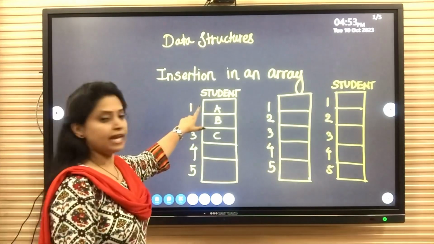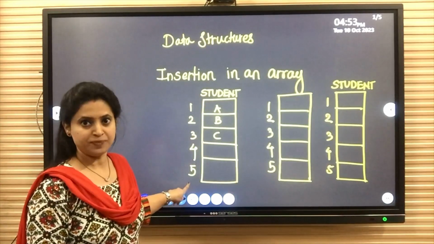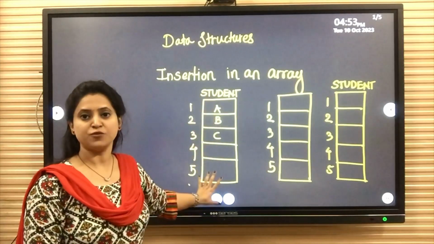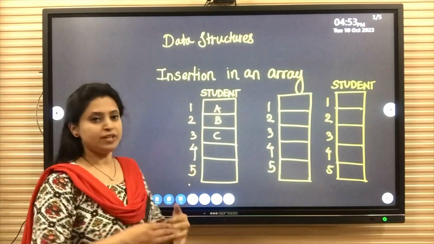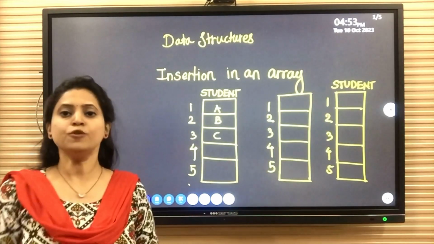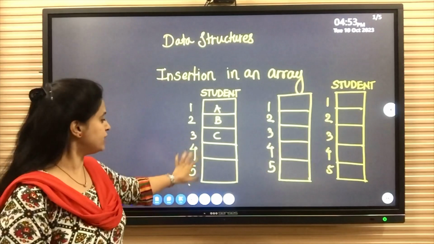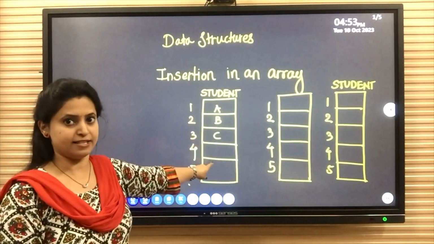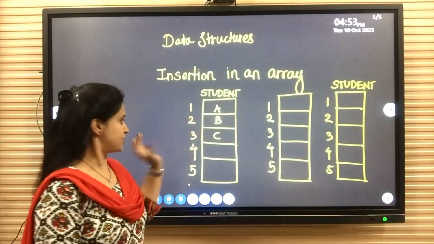So suppose here I have considered the array student with the size 5. It means that at max 5 elements the student can have. So we can add the elements up to 5 but we cannot add the elements after 5. Means only 5 elements we can add in this array. So that's why this is called a static data structure.